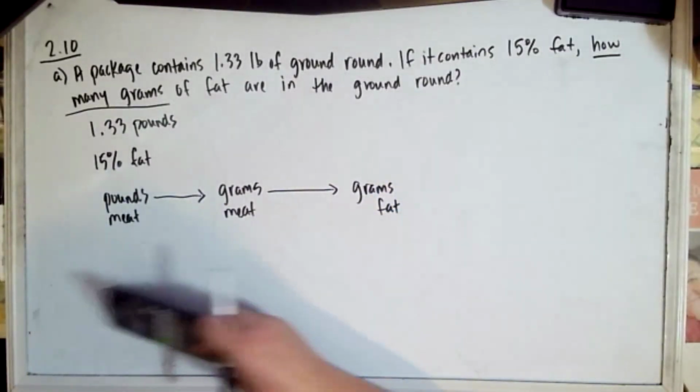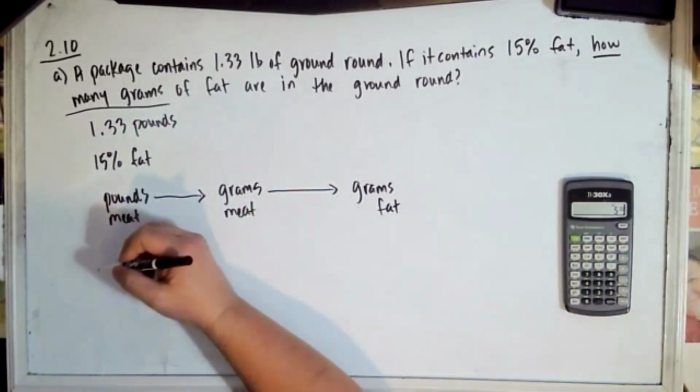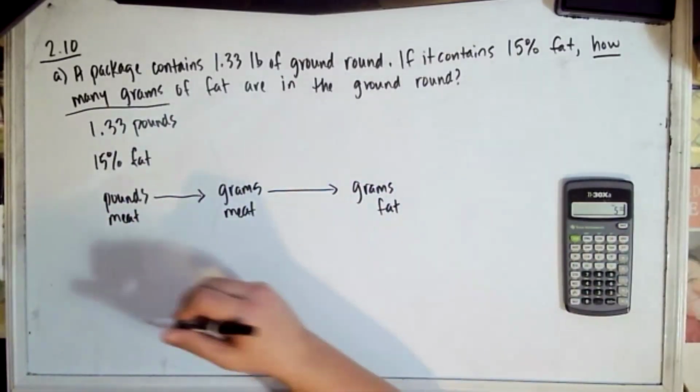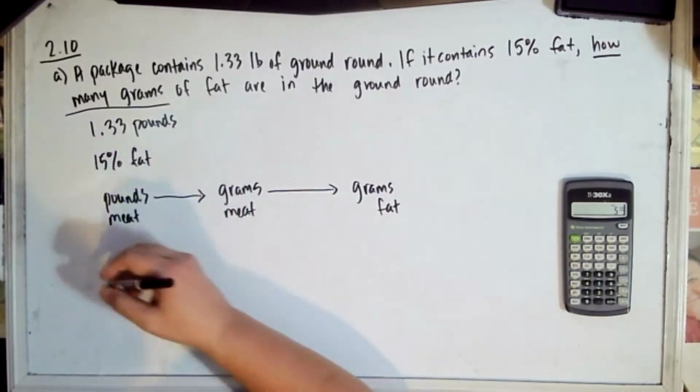To do our conversion between pounds and grams, go back to your conversion table and take a look in the mass section. The conversion for that is 454 grams in every 1 pound.